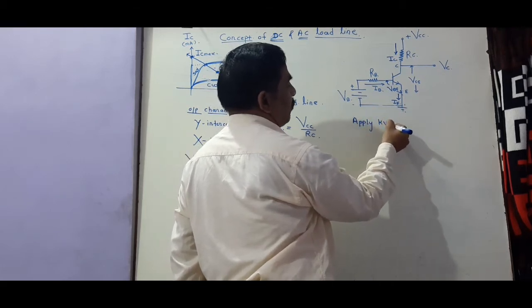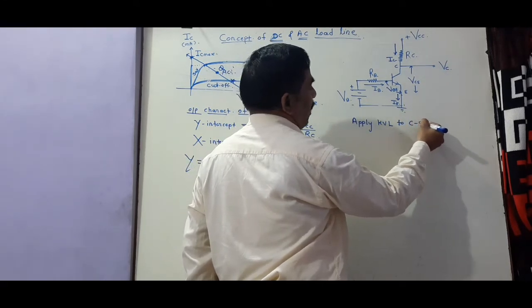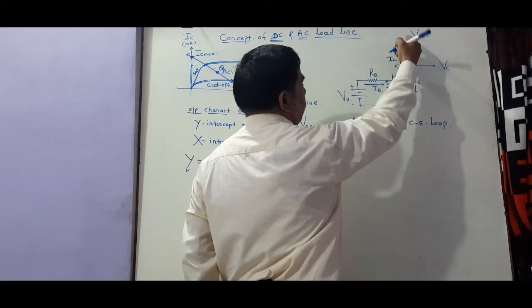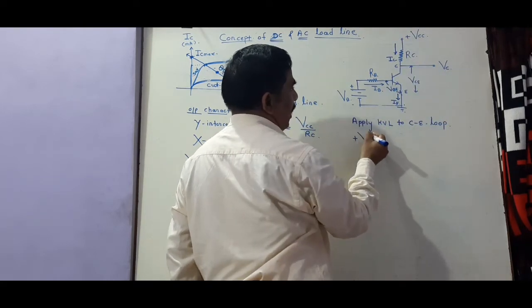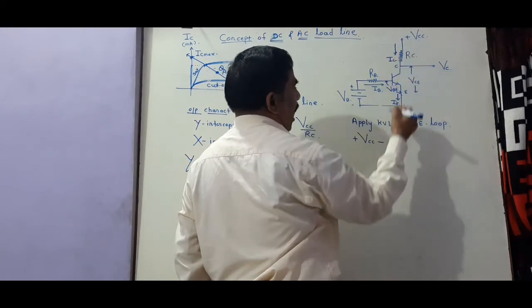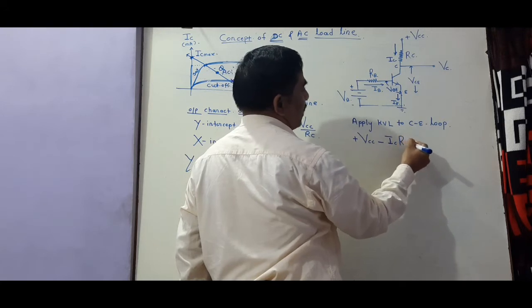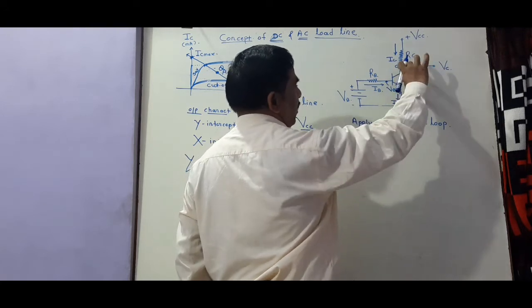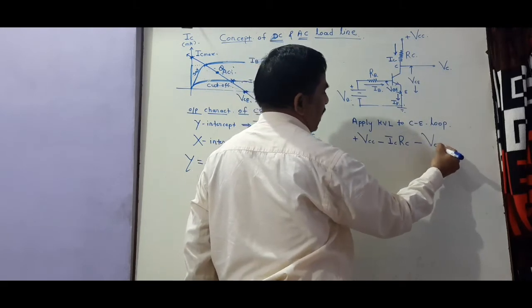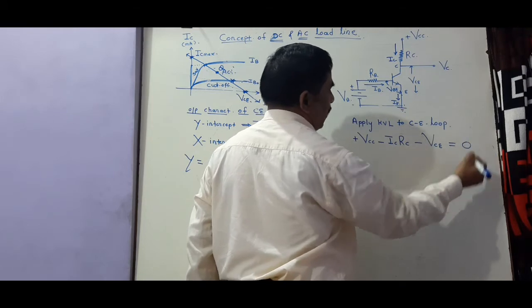KVL means Kirchhoff's voltage law, applied to the collector to emitter loop, or CE loop. What we get: plus VCC, minus IC into RC, minus VCE, after that ground, and therefore that is equal to 0.